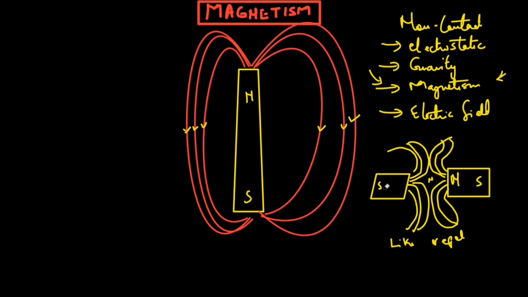So let's say we flip this. We make this north, we make this south, we make this south, we make this north. The same thing is going to happen since they're like poles. But if they're opposite poles, how will these behave? Let's take a look.